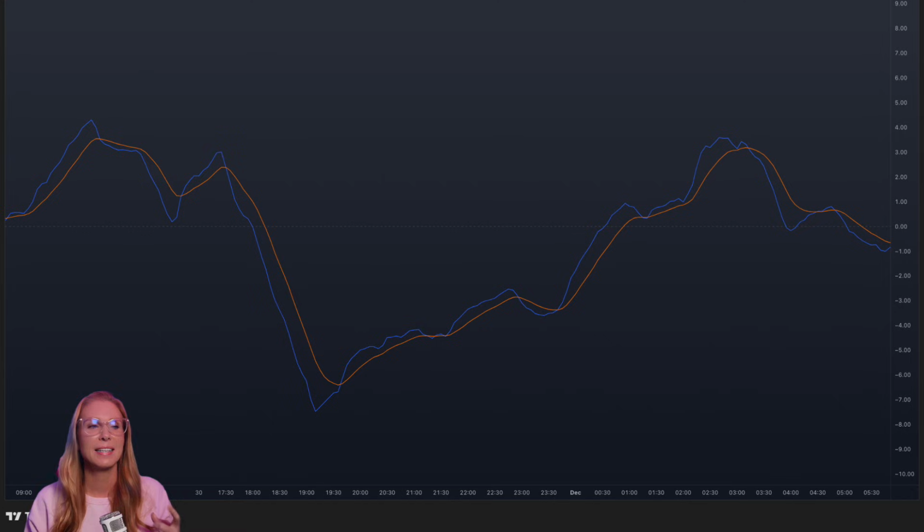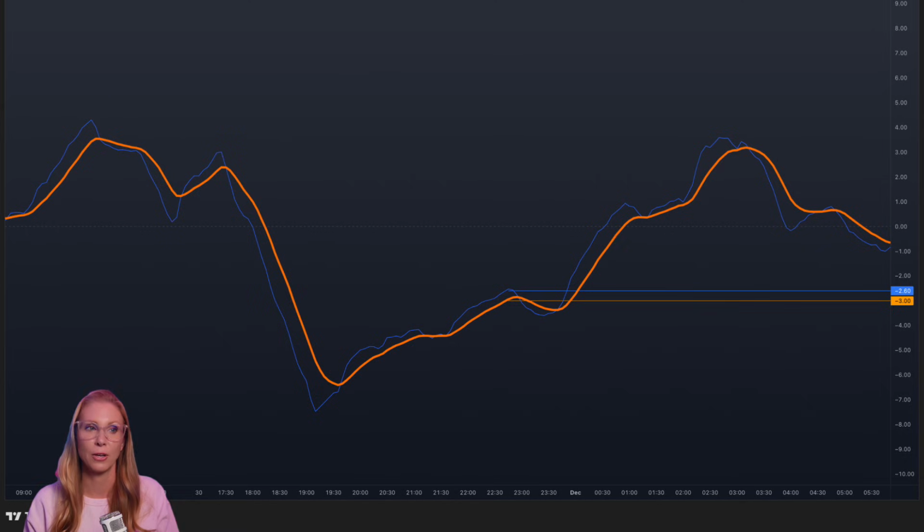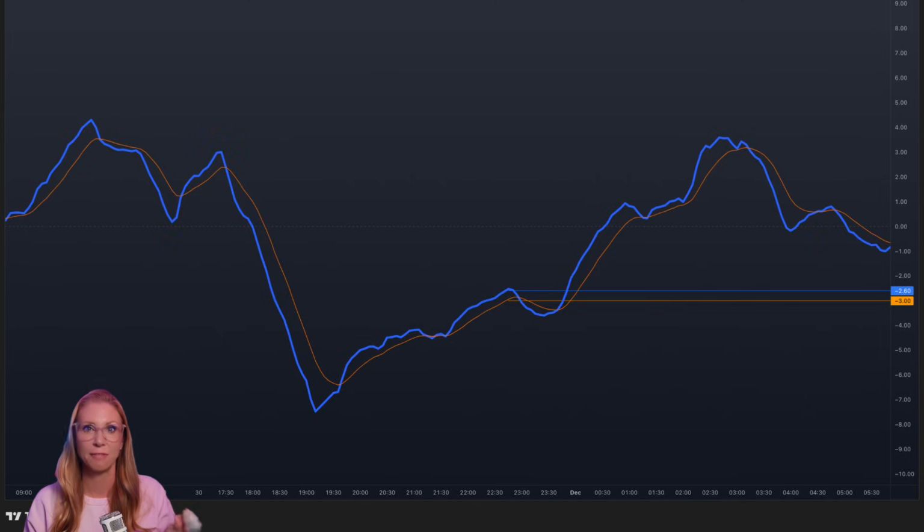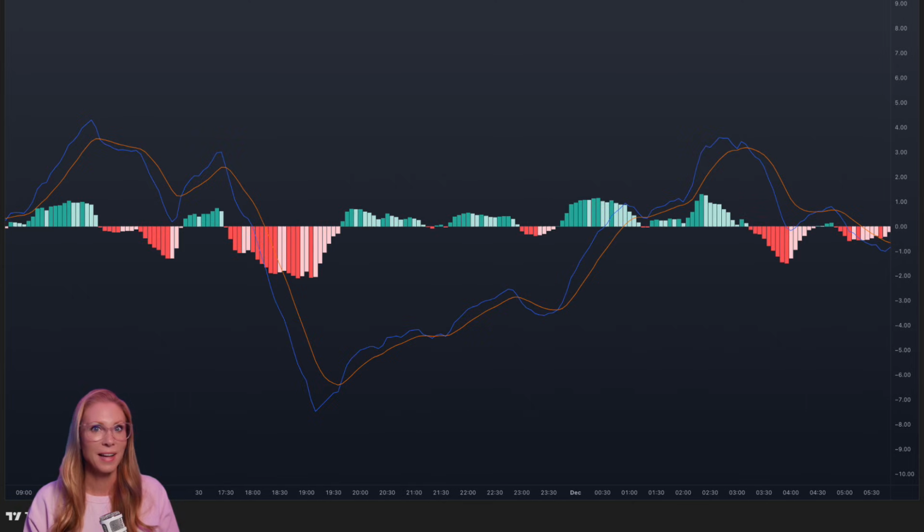So if we take another measurement and we compare the MACD line to the signal line, we can compare how close or far apart these lines are. And we can quantify this by subtracting the signal line value from the MACD value for each bar on our chart. If we plot that value as a histogram, we can see a visualization of that difference.